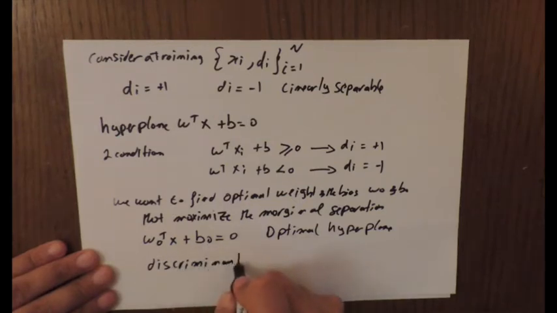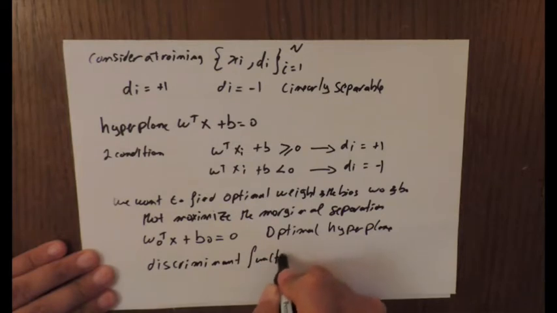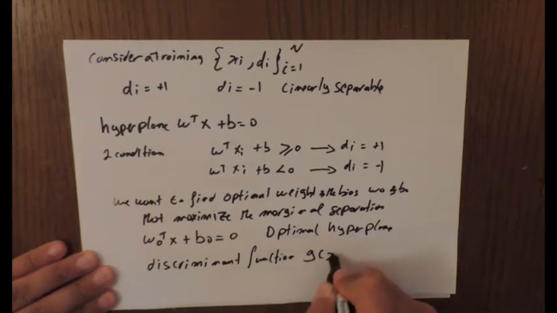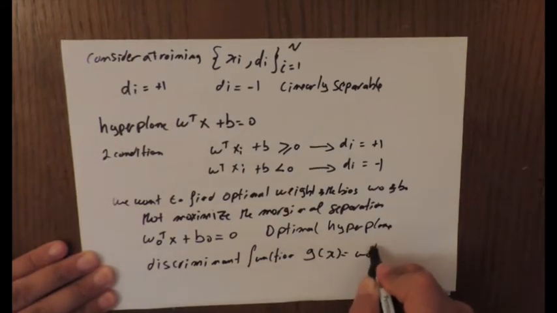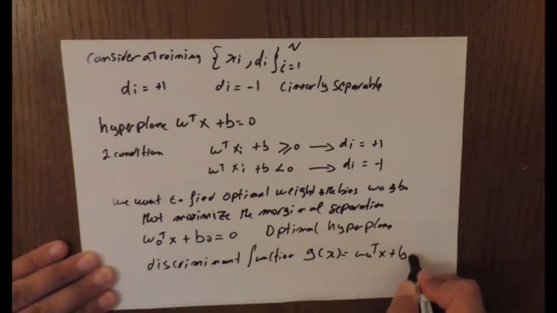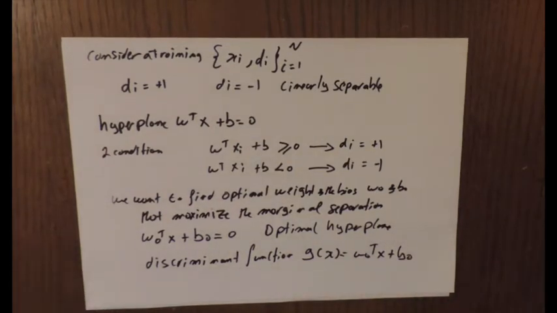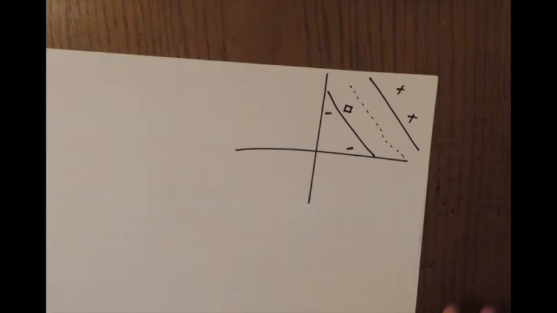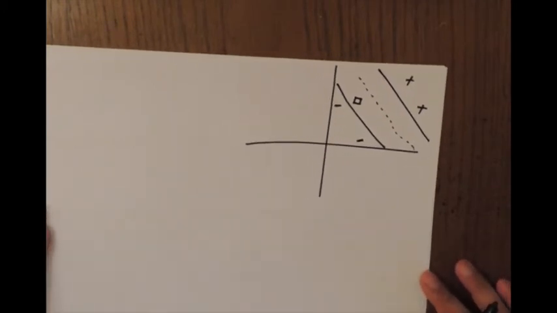I'm going to call it g of x, which is equal to wo transpose x plus bo. This discriminant function discriminates between the +1 and the -1 classes. Now let's talk more about how we can know if a point belongs to the positive side or the negative side.